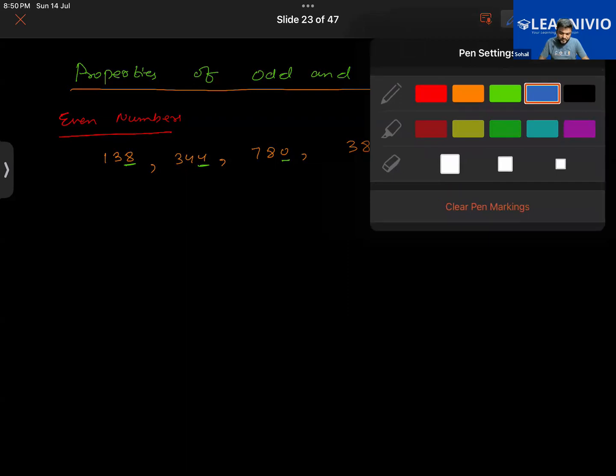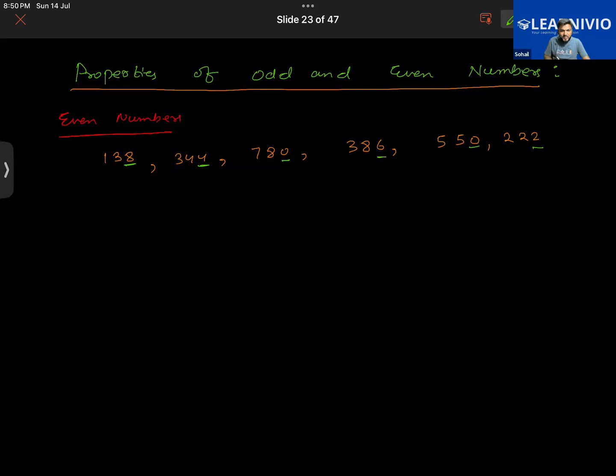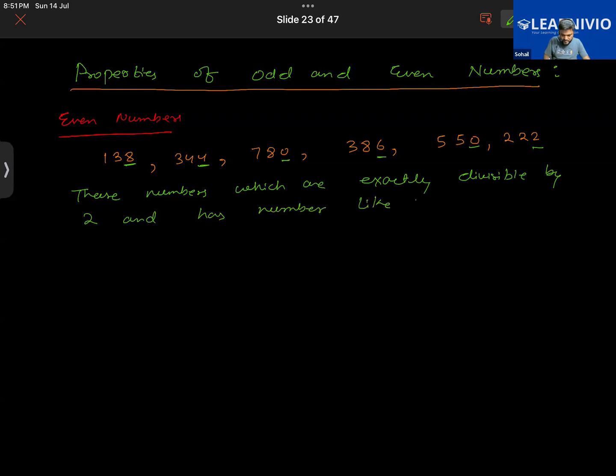In this, you'd be writing those numbers which are exactly divisible by 2 and have numbers like 0, 2, 4, 6 and 8 at the ones place.